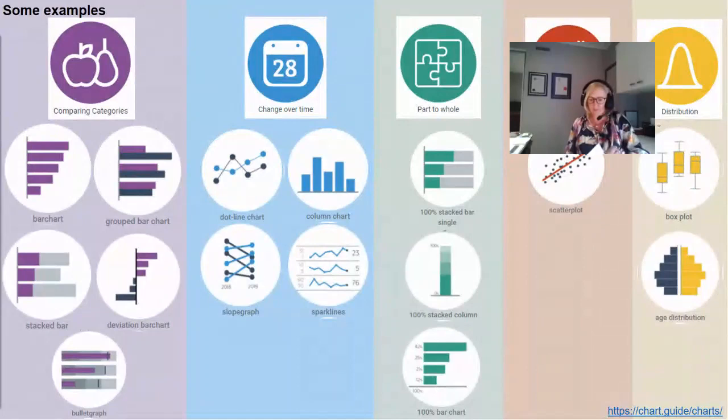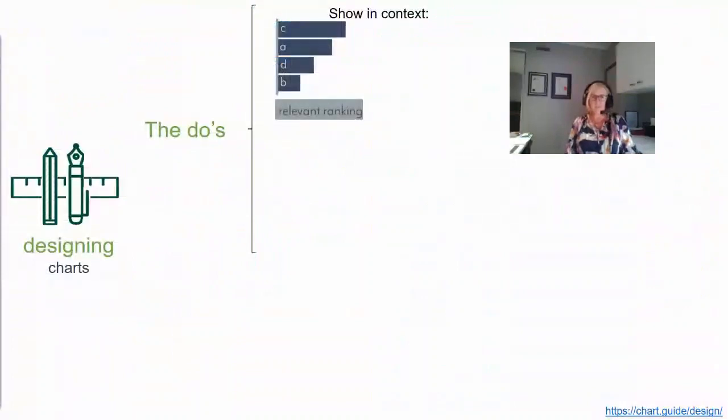Then we have part to whole, when you want to show how A, B, and C add up to a total of A, B, and C. Then there is relationship, when you want to show how A, B, and C relate to each other. And distribution, when you want to show how often A, B, and C appear in the dataset.